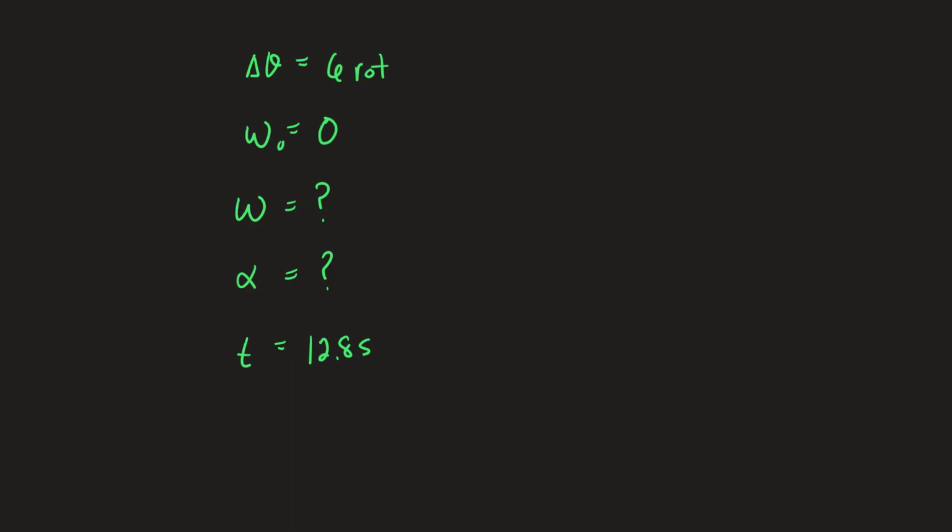I want the final speed in rotations per minute, and I want the angular acceleration in radians per second squared. You'll need to use one of those motion equations to figure out the answer. We've written everything out here. Take a few seconds and see if you can work out those two answers. If you can't, you're going to need to practice. If you can, you probably won't have to practice. Give it a shot. Let's see what you can do.